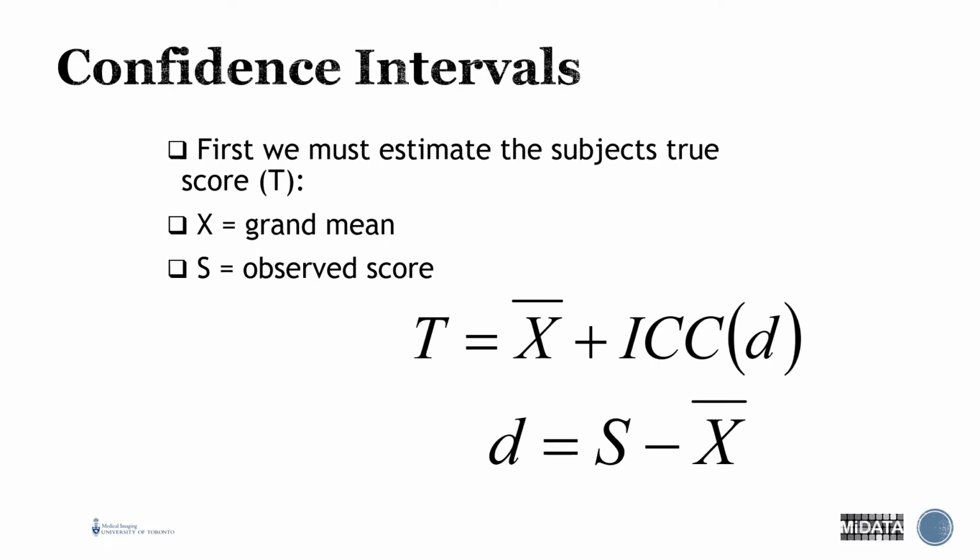We can now calculate the confidence intervals. In order to do so, first we must estimate the subject's true score, which is capital T, and for this we need the grand mean and the observed score. So the estimate of your true score is going to be the grand mean plus the ICC times the difference between your observed score and the grand mean.